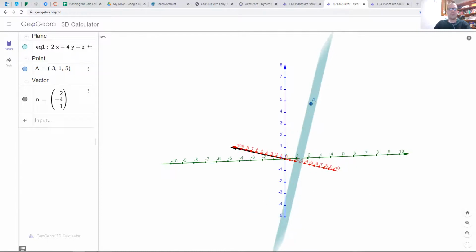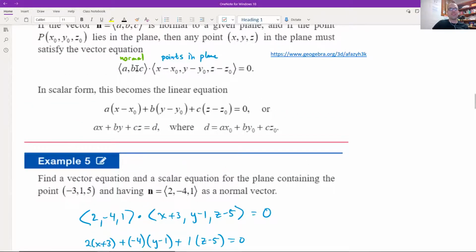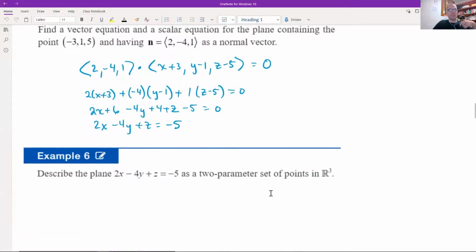So boom. To review, we utilized this dot product to come up with the vector equation, and then we just took the dot product to come up with the scalar one. Moving on to example 6.